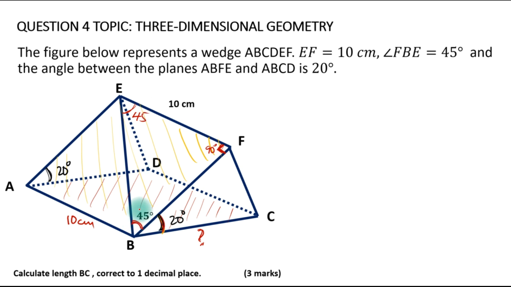So triangle BFE is an isosceles triangle, so base angles are 45 degrees. If that is the case, then EF will be equal to BF. So also this side will be 10 centimeter. BF will be equal to 10 centimeter.